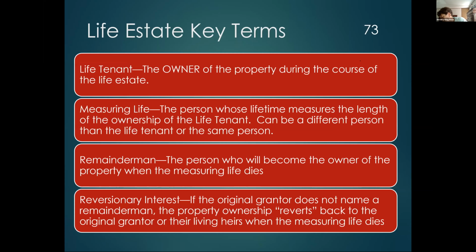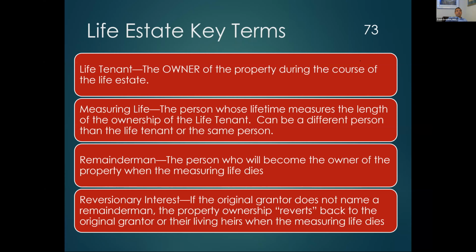Travis, I think Angelica had a question. She said, "Does life also apply to a company and life estates?" I'm assuming what you mean, Angelica, is can a corporation be granted ownership for someone's lifetime?